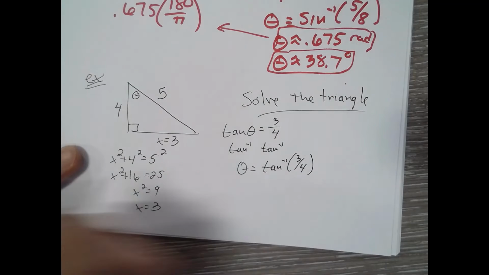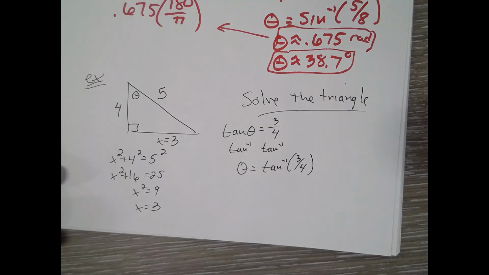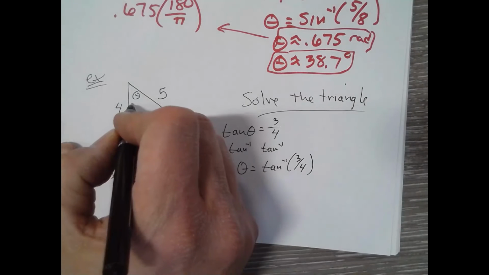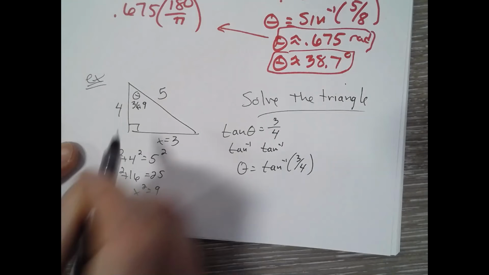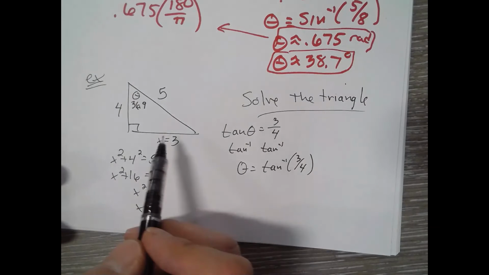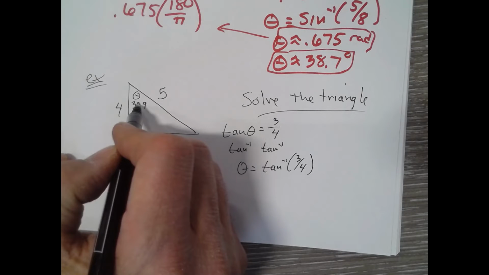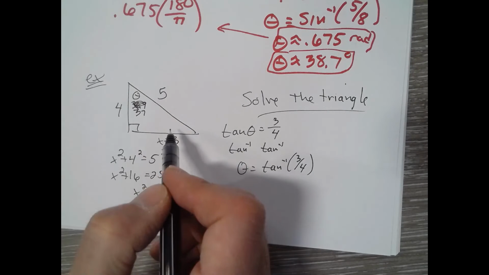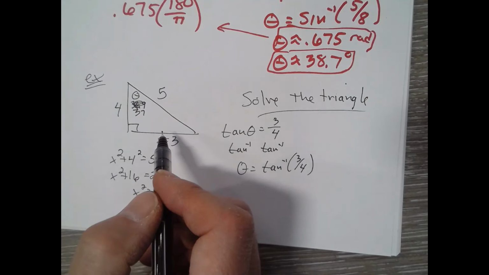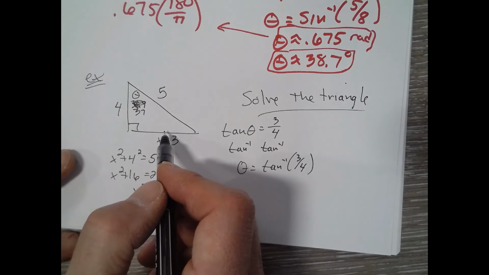Can somebody do that in degrees, please? 36.86. So how big is, let's say it's 37, how big is this one right here? Well, it's got to be the difference. 53, good mental math.